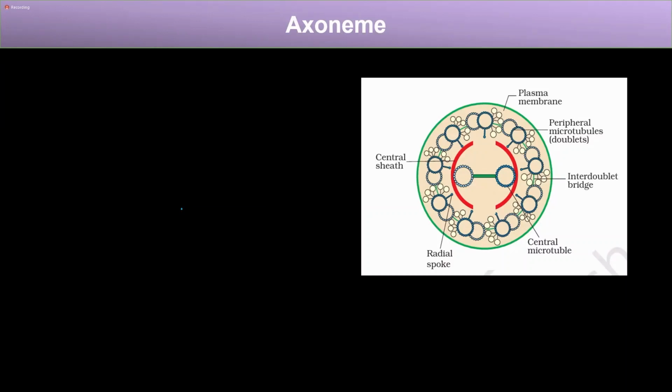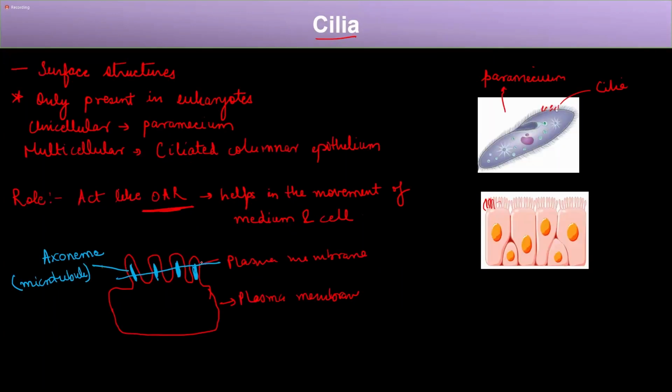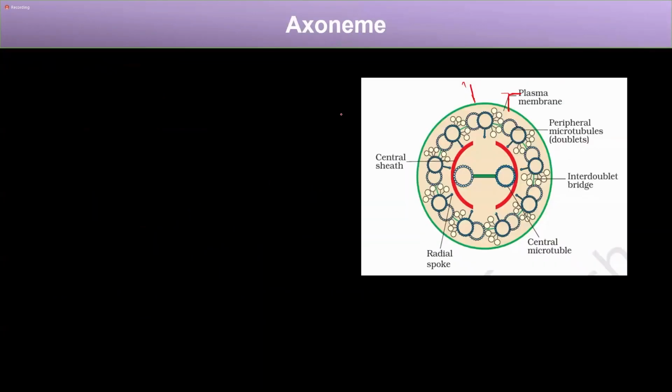So what do we have in this structure? What we can see is the outer membrane here. The outer membrane is the plasma membrane, because the axoneme is surrounded by the plasma membrane, and the axoneme is present inside.